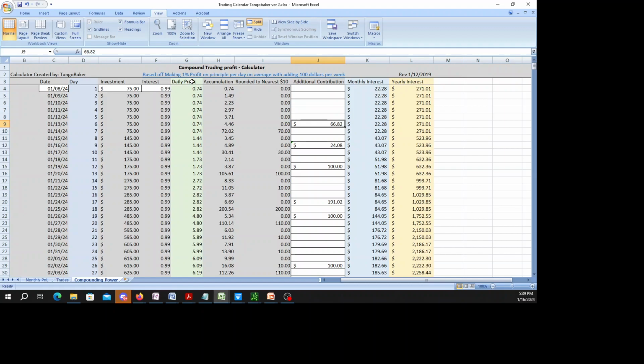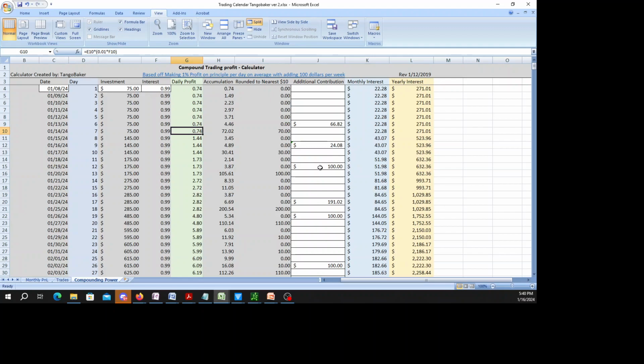And this here is going to be what my daily profit will be for 1% of $75. And then what happens is that when it accumulates to the nearest $10, it rounds it up, and then it adds the difference over to the total amount of my principal that I'm using to trade with. So basically it's just compounding it over and over again.